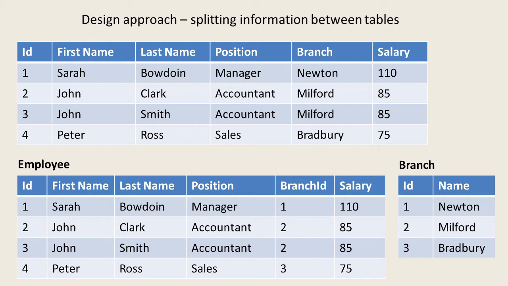So we have created a primary key for this table, and we can now use this branch ID in our primary table. If you now look at the employee table, instead of mentioning the branch name, it now has a branch ID. So these two tables carry essentially the same information as the previous table, but in a very different form. At least this information, branch, is normalized.